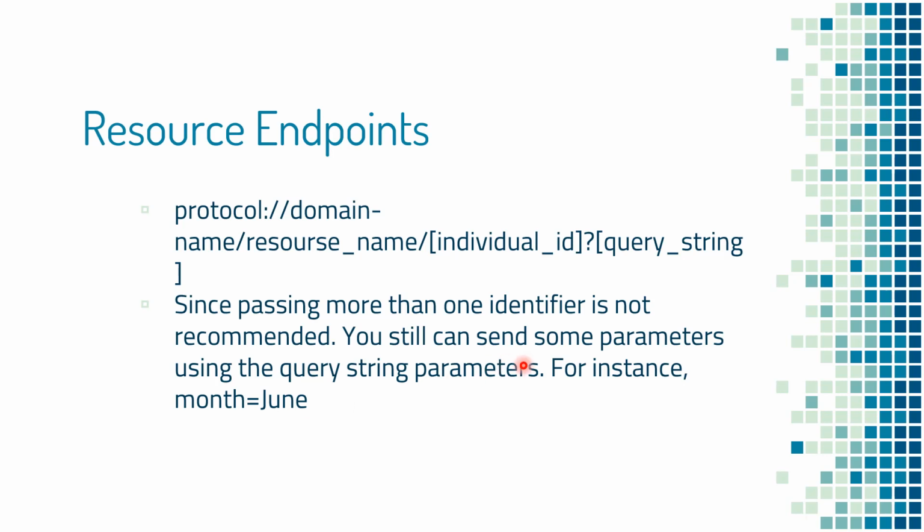But as I said, it's recommended to have only one identifier to fetch this specific row from the database. And if you want to pass multiple parameters, which will work as filters, then you may pass them as a query string, as we will see later in this module.